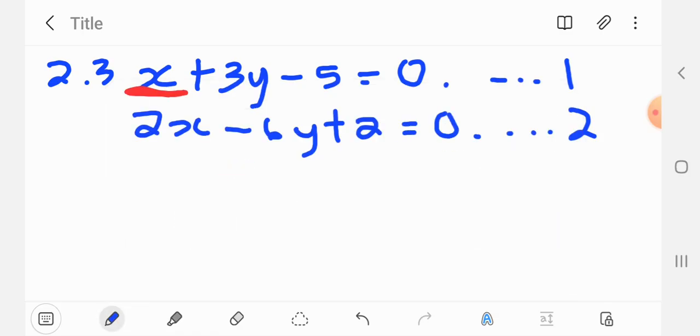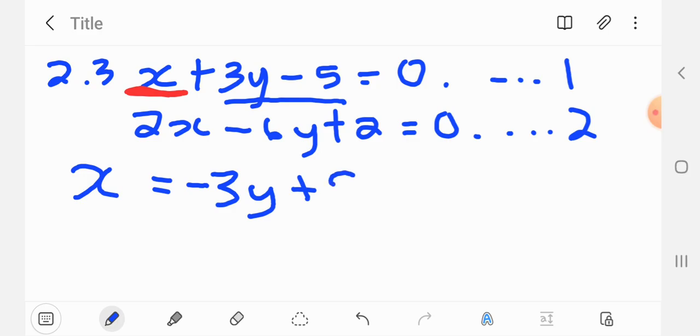So I'm going to form equation 3. We're going to say x equals, we'll take the 3y and the negative 5, minus 5, to the other side. So we will have negative 3y plus 5, because the 3y was positive. When we take it to the other side, it's now negative, and that is equation 3.